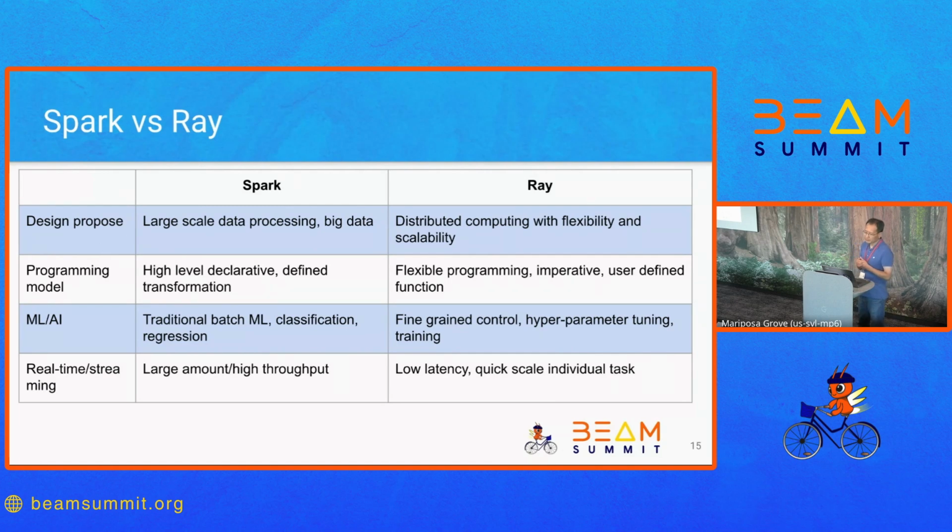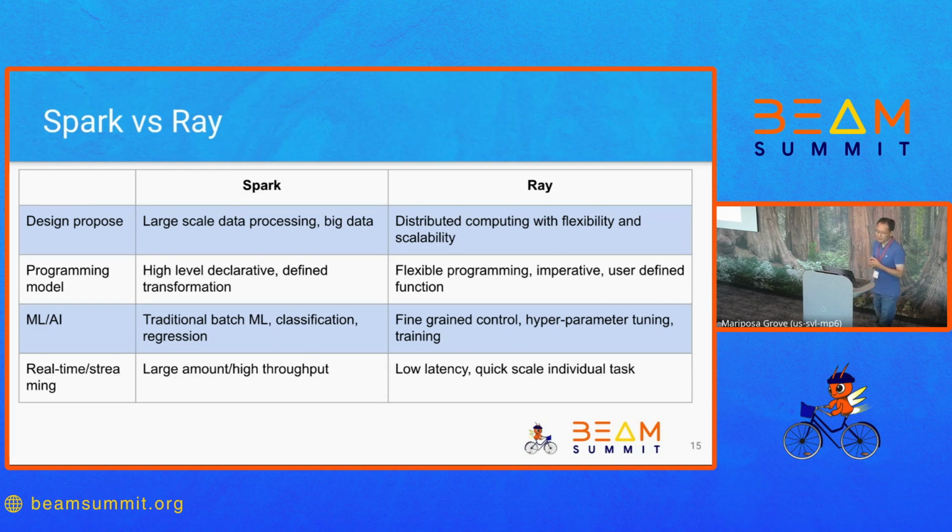Ray is more flexible and imperative, with user-defined functions the user can define and handle. For machine learning and AI, Spark is mostly for traditional batch machine learning jobs, like classification and regression. Ray offers more fine-grained control, for hyperparameter tuning, training and so on.